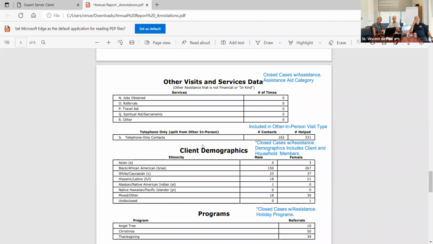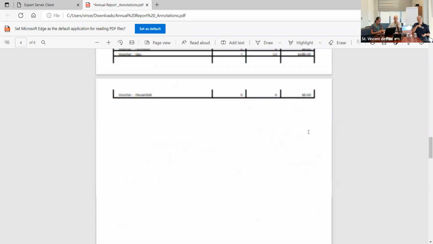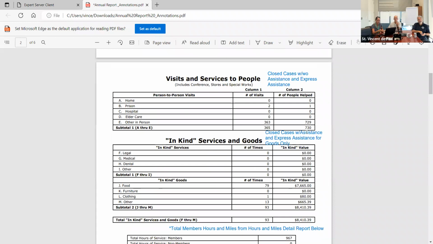This one, John Kurtzky, if you're still there, this one gave me gray hair last year, more gray hair than anything, because of the telephone contacts only, and it says this is a split from other in-persons. Well, you got 331 number of people helped. The way that this was interpreted by many conferences is I had other in-person visits of, I have to go back up here, 729, okay?